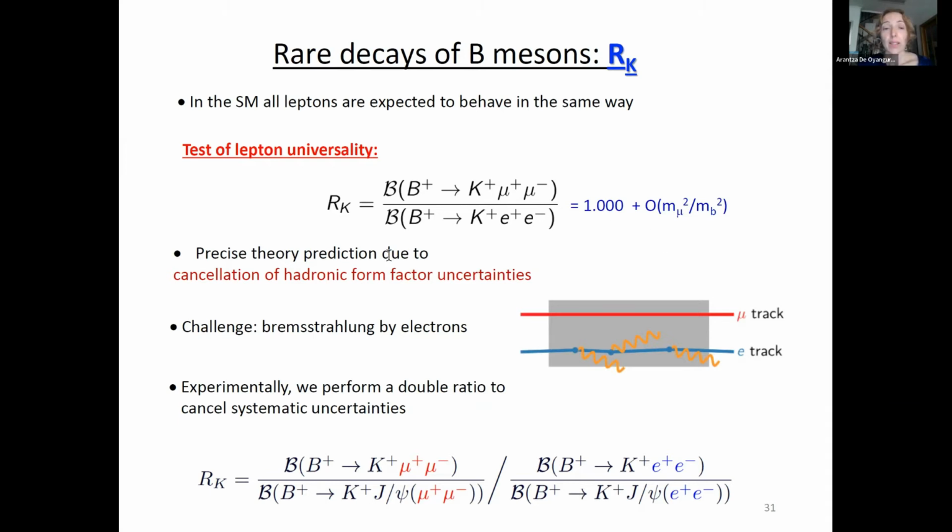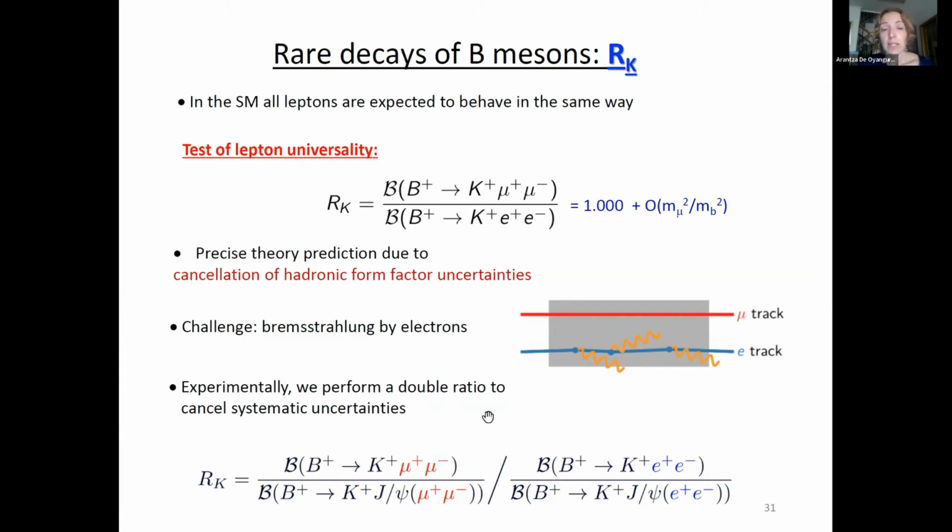The theory is quite precise because you have the hadronic form factor cancellation. The main issue is that because the electrons are radiating, you have Bremsstrahlung, and you have to recover all this radiation to reconstruct the events. This is at LHC at least.